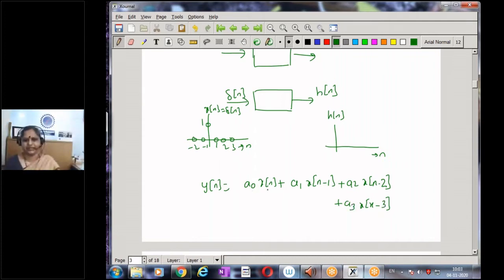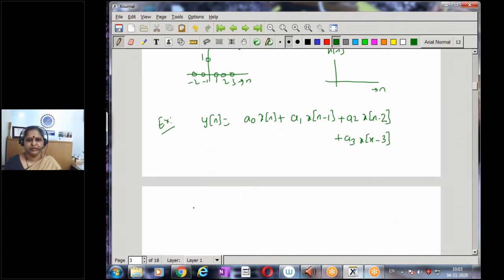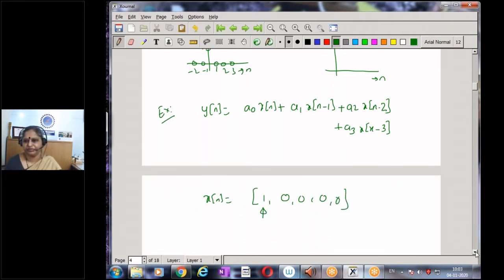We'll take this as an example. How do I get the impulse response of this system? So what is my impulse response? My input x of n is given by 1 and all zeros, and it is 1 for n equal to 0.